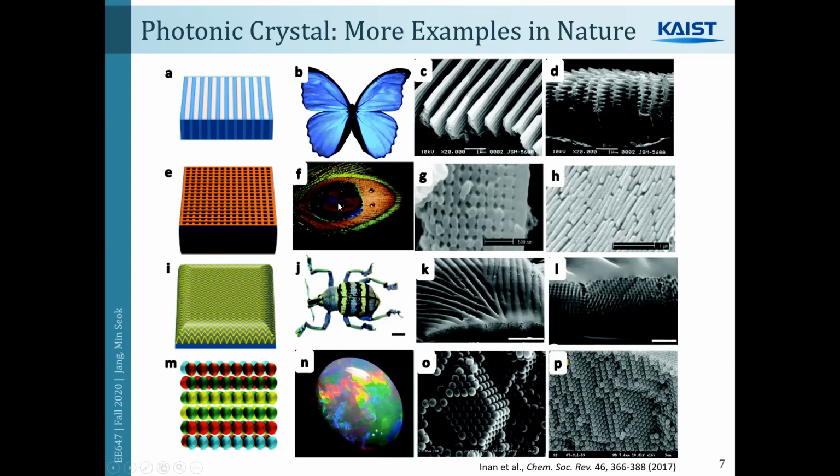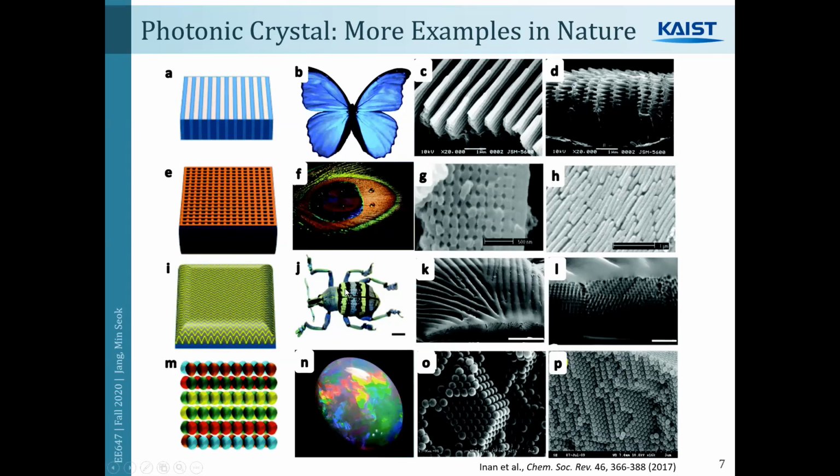And here this is a feather of a peacock, and if you take a closer look, this feather looks like a 2D photonic crystal, and that's why this feather has really colorful color variations. And here, the surface of this bug also has a very weird periodic photonic structure, and that's why it shows these weird colors.